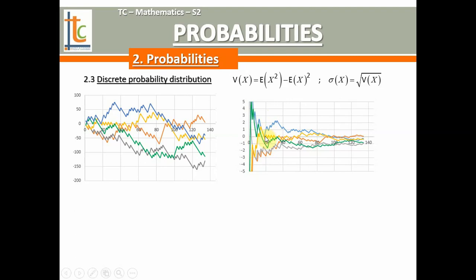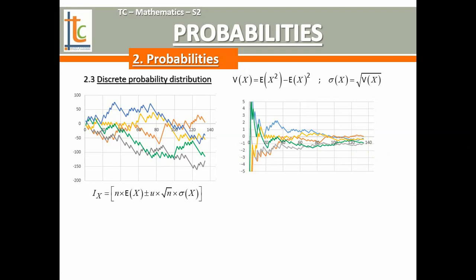Maybe again, big differences between the 20th and the 40th trial. But through time, the results of every player begin to look like each other. Okay? If you divide these numbers by the number of trials, the results will look like each other.